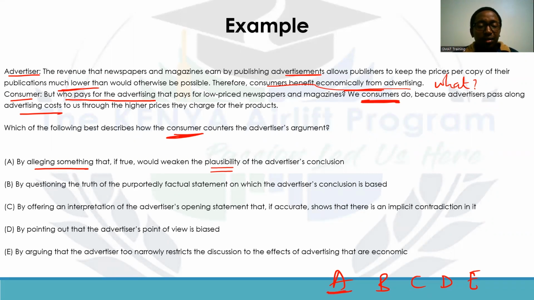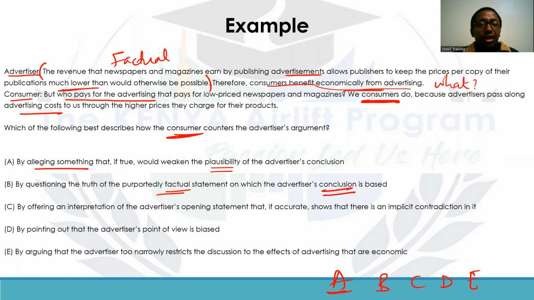So this makes sense. B, by questioning the truth of the purportedly factual statement on which the advertiser's conclusion is based. What is this factual statement that the consumer questions the truth of? Remember, the consumer doesn't question the first part, which is what the advertiser mentioned as factual or presented as facts. They just question the advertiser's conclusion.